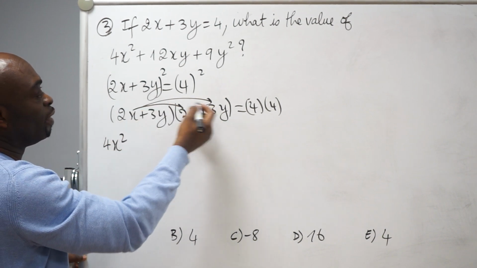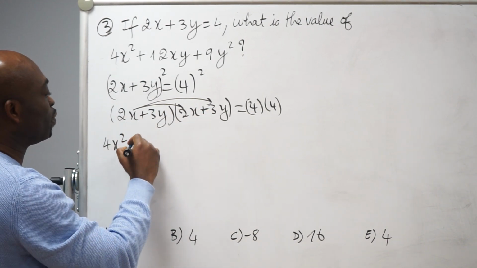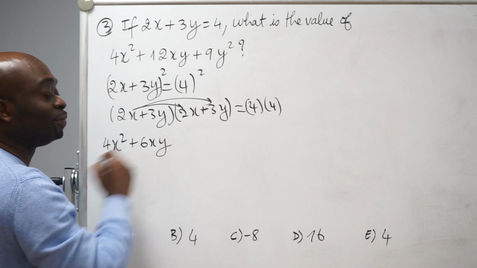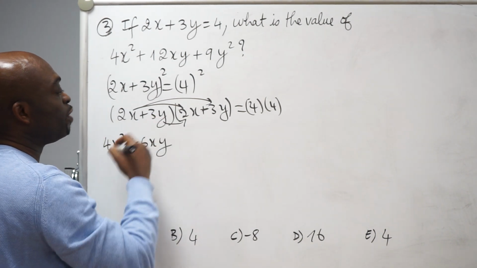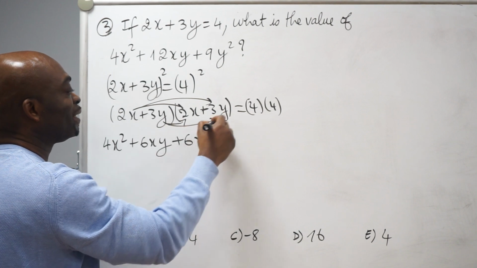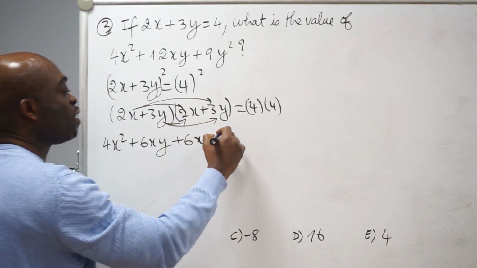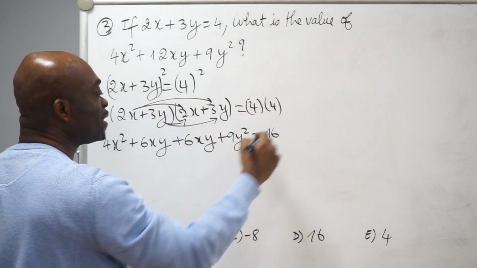The outer: 2x times 3y gives us plus 6xy. The inner: 3y times 2x gives us 6xy also. And the last: 3y times 3y is 9y squared, which equals 4 times 4, which is 16.